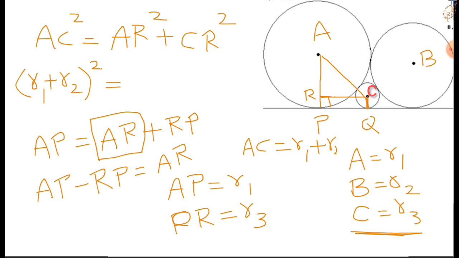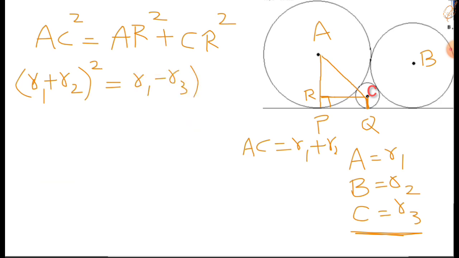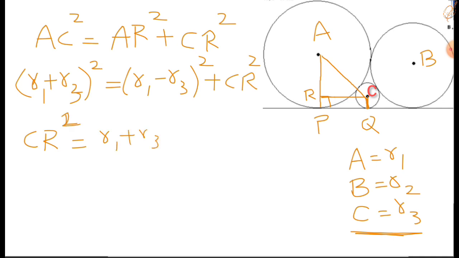AP, the distance is R1. And we know PR or RP, the two are the same, so the distance is R3. So AR distance is R1 minus R3. R1 minus R3 whole square plus CR square. So now find out CR square. CR square equals R1 plus R3 whole square minus R1 minus R3 whole square.